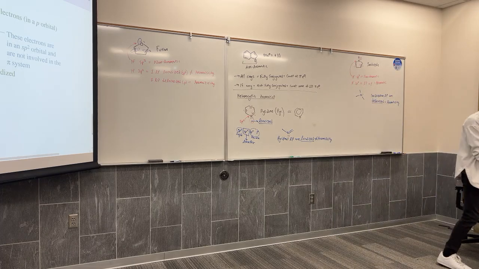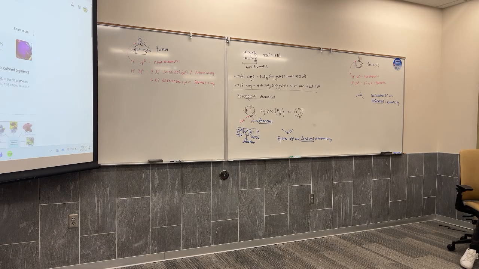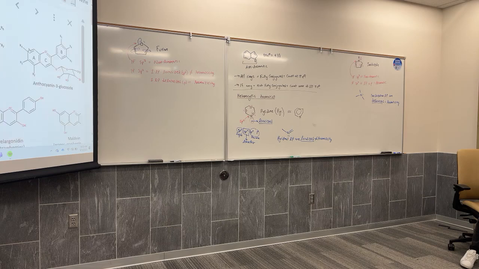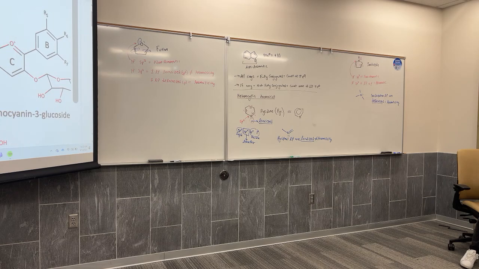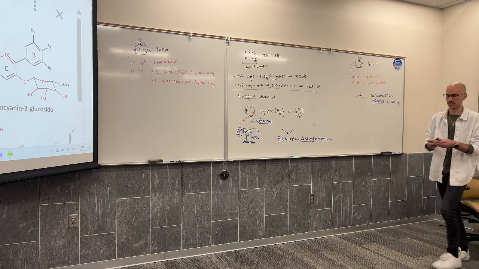There is another type of bonding pattern that oxygen takes on. I don't have a good example name for it, so I think we could look at these anthocyanins. These are pigment molecules that are pretty common.